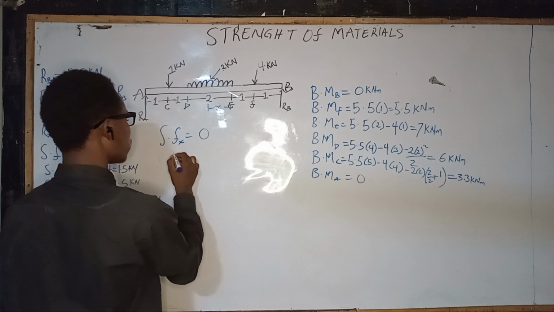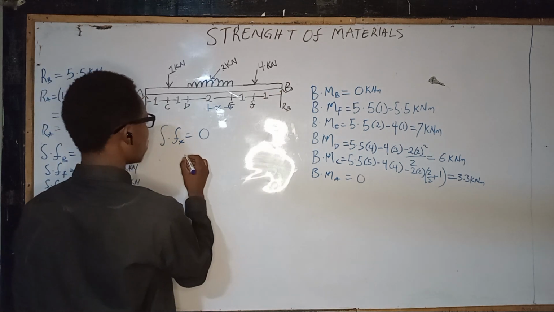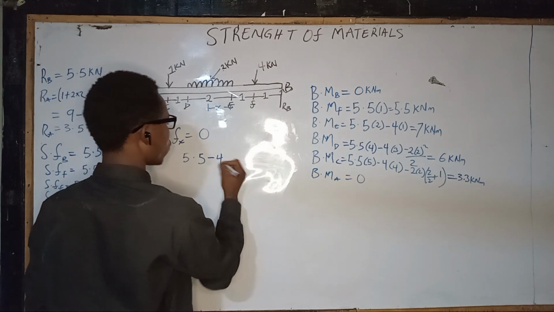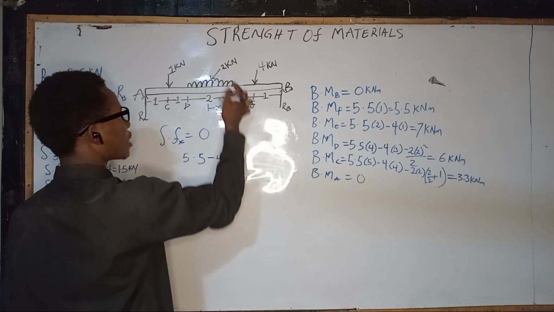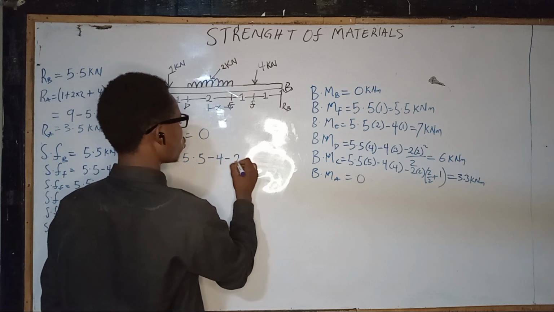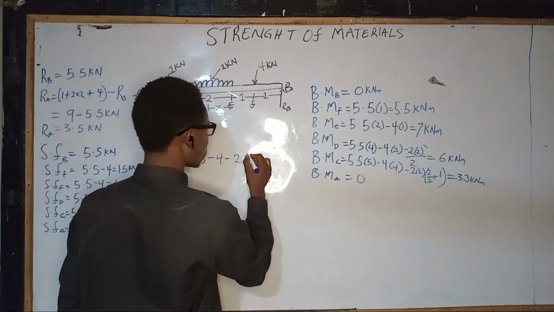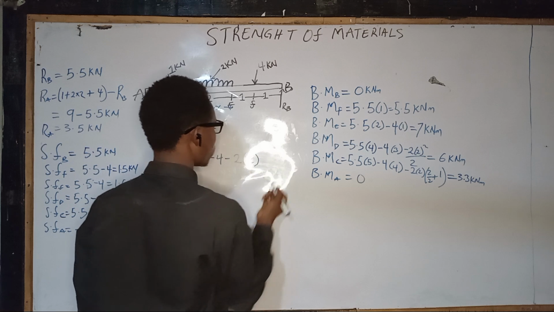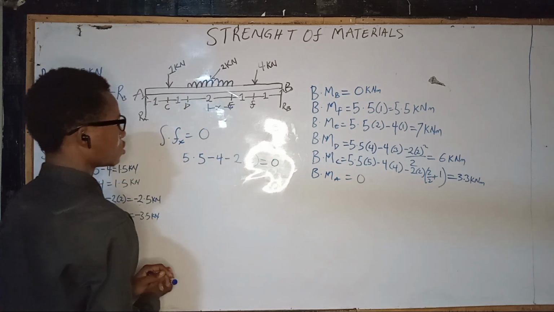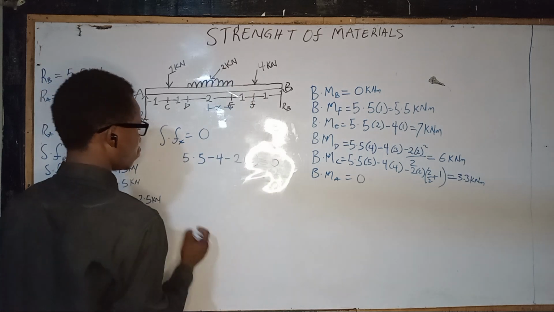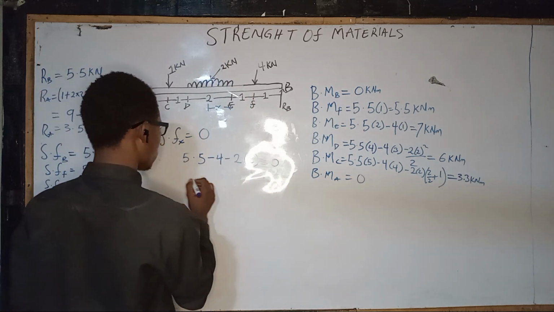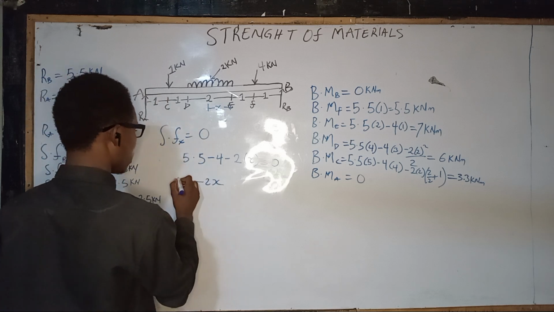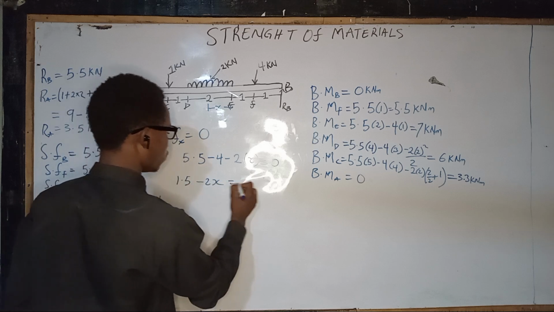So we have the shearing force equals our RB, which is 5.5, minus this one, which is 4, then minus this one right here, which is 2 times our distance x, minus 2x, equals 0. So we have 5.5 minus 4, that is 1.5, minus 2x equals 0.